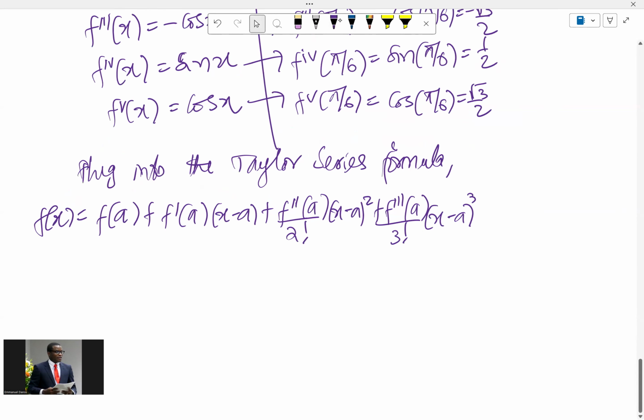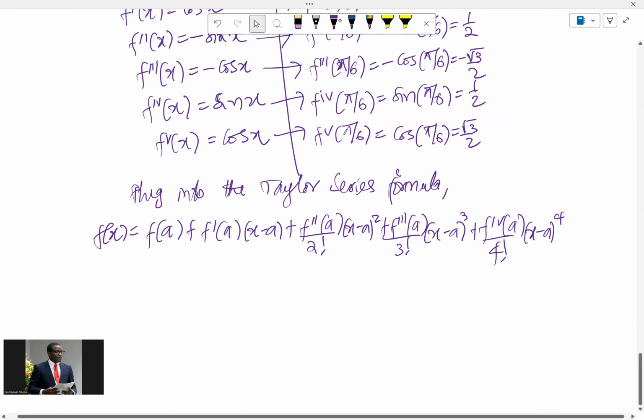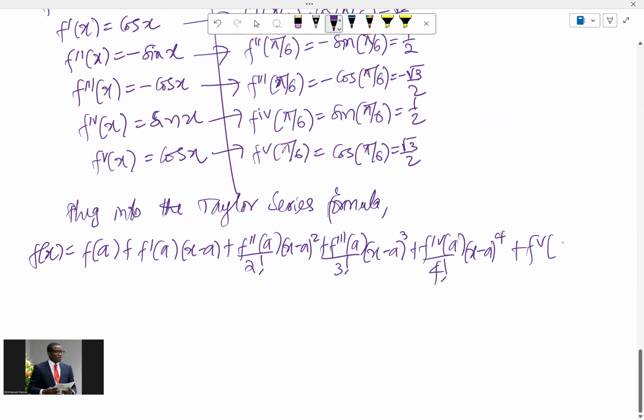So we went up to the fifth. So we have f iv of a over 4 factorial, x minus a raised to power 4, then plus f v of a over 5 factorial, x minus a raised to power 5, and so on and so forth.